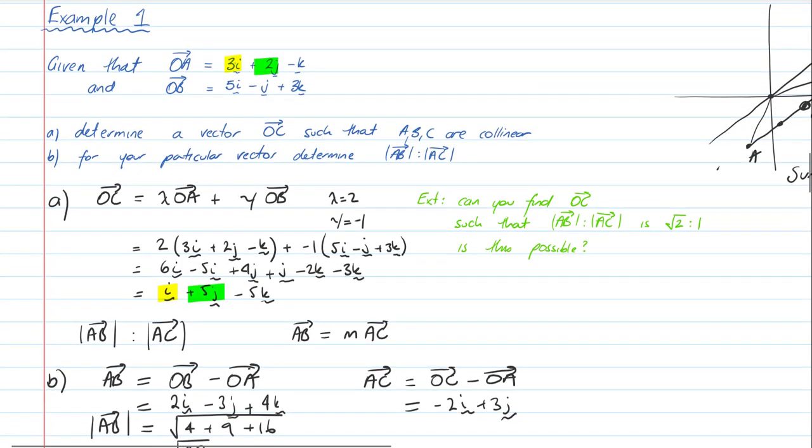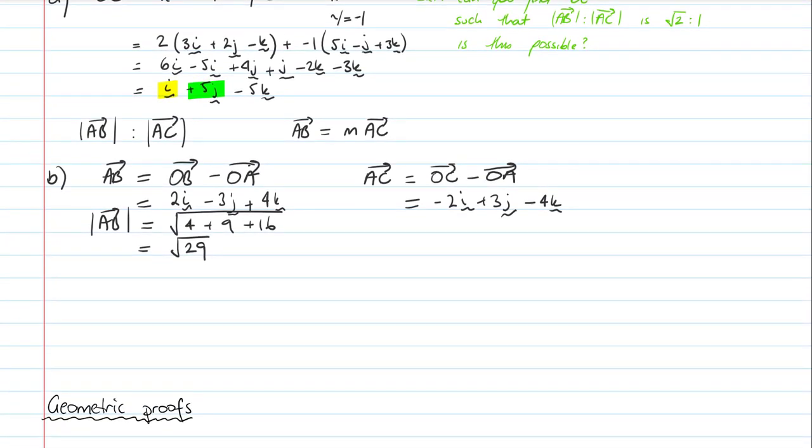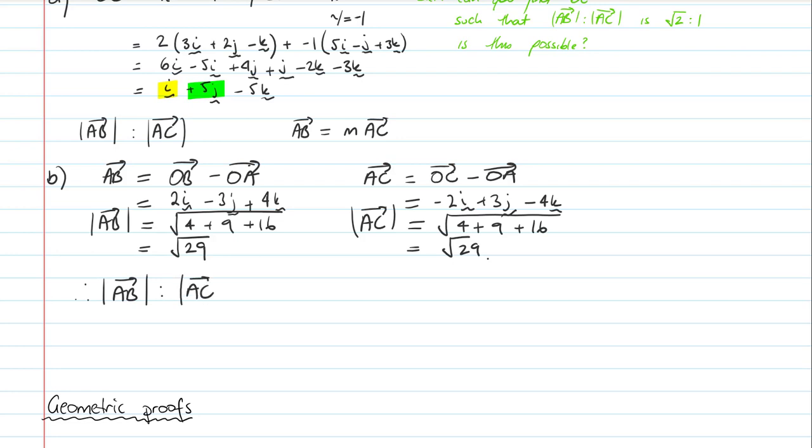And then negative 5k minus negative k is negative 4k. And maybe you're spotting where this is going now, but AC magnitude is equal to the square root again, 4 plus 9 plus 16. It's got a root 29. And so therefore the magnitude of AB in ratio of the magnitude of AC is equal to root 29 to root 29, or 1 to 1.